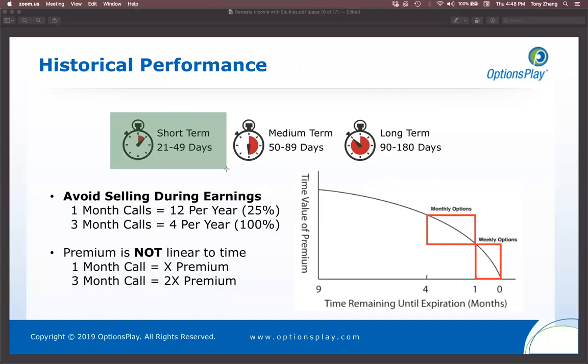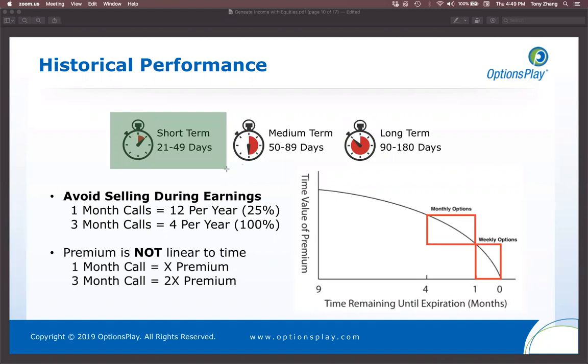Number one, we generally found that whenever you're selling these types of strategies, covered calls, cash secured puts, or even credit spreads and iron condors, it's generally best to avoid selling them going into earnings. When you sell a 1-month call, you can do that 12 times a year. But we know that there are 4 earnings cycles throughout the year. So if you sell 1-month calls, you can avoid the 4 months when there's earnings and still sell the other 8 months of the year.